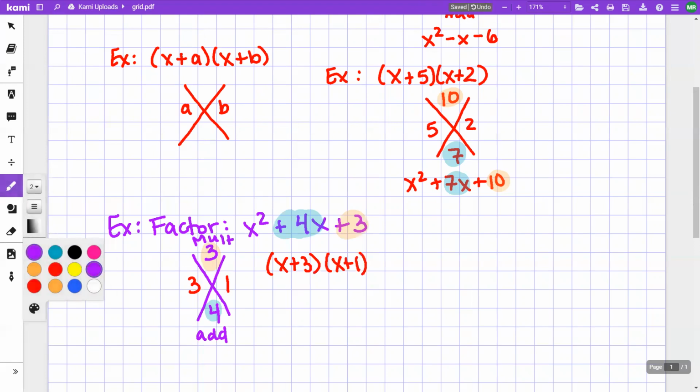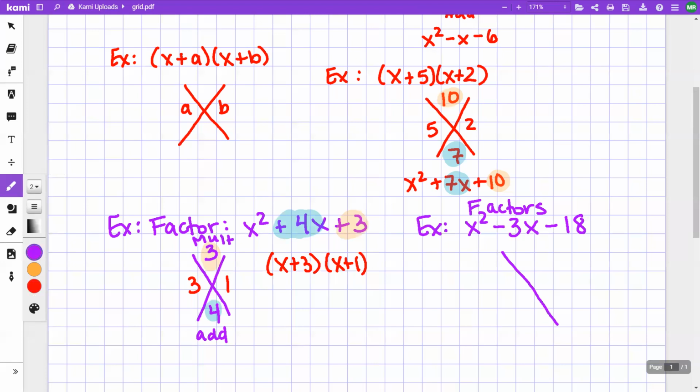So let me do another example. Let's say I have x squared minus 3x minus 18. And I'm trying to figure out the factors that give me this. So again, I'm going to do a diamond.